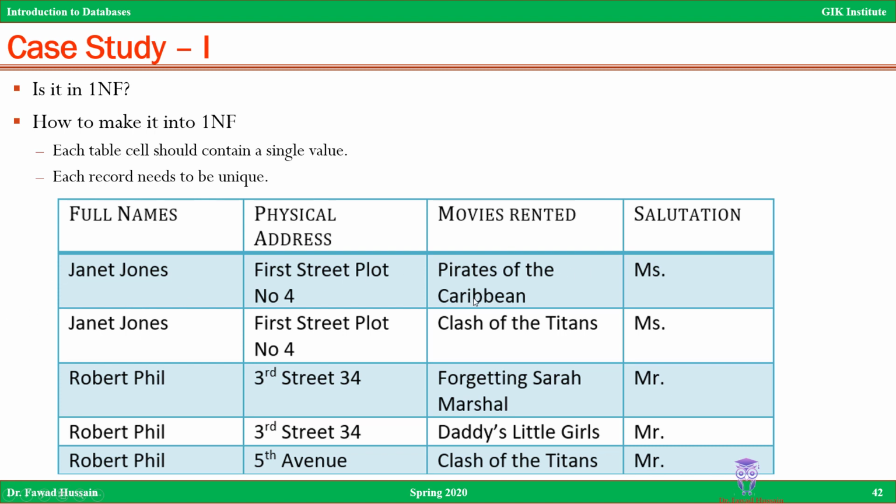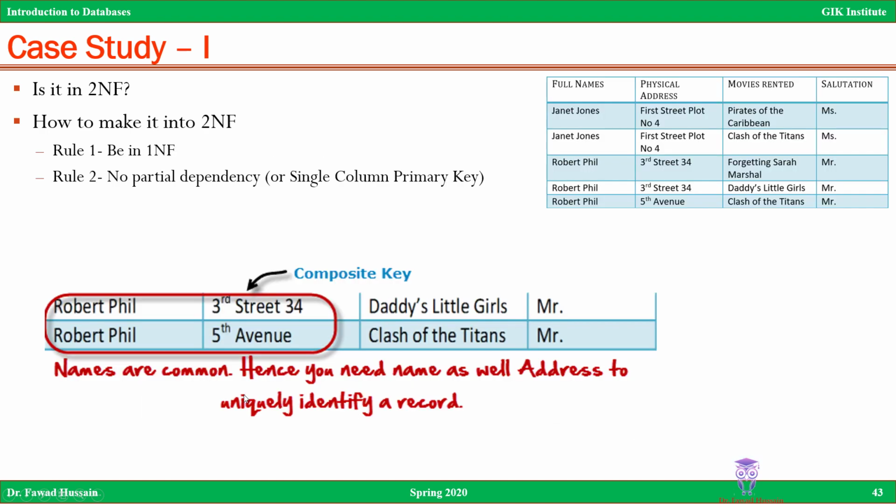Then all the cells will have a singular value. So full name, physical address and movie rented together will form the primary key, and there is no repetition here, so therefore it's in the first normal form.